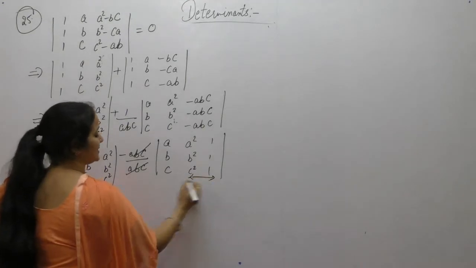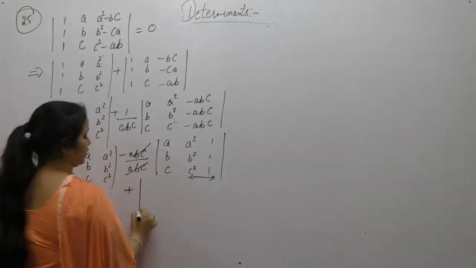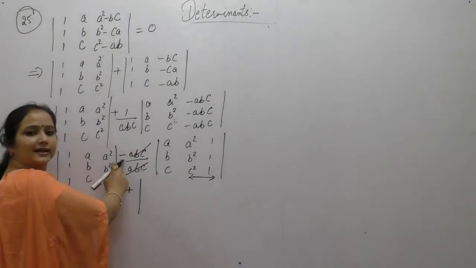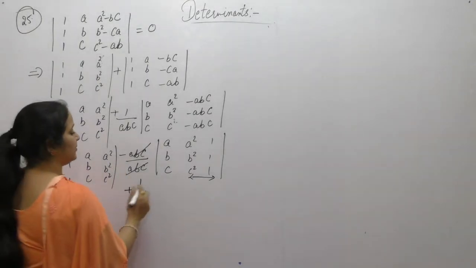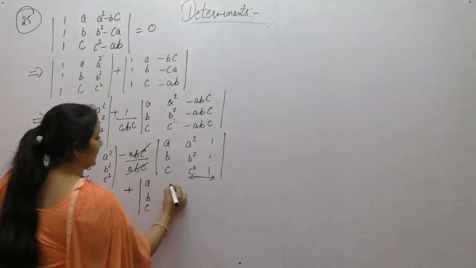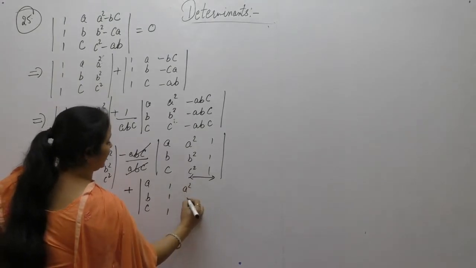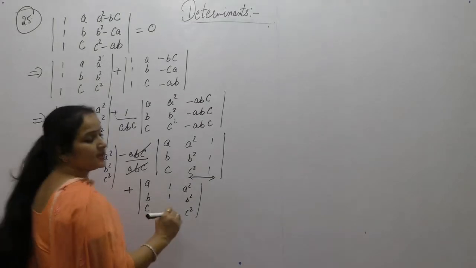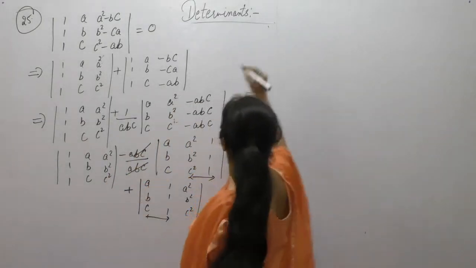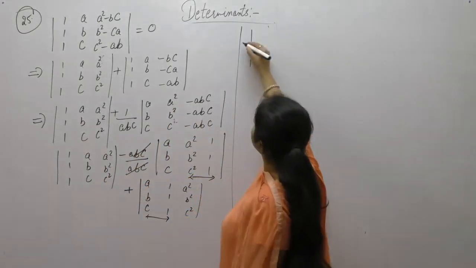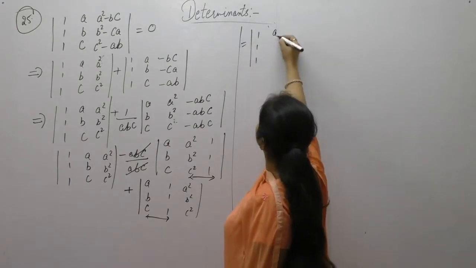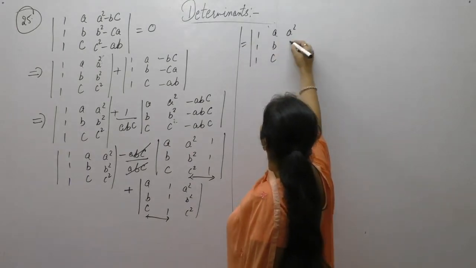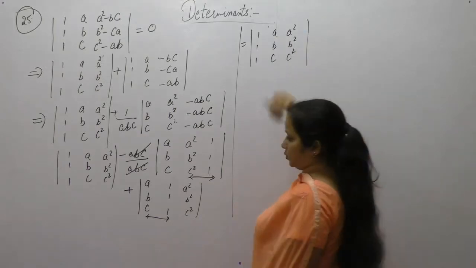Now interchange the second row and third row, then a negative sign comes here; negative is already there. So minus minus plus, the determinant a, b, c, 1, 1, 1, a square, b square, c square. Now interchange C1 and C2. So the first determinant is 1, 1, 1, a, b, c, a square, b square, c square.